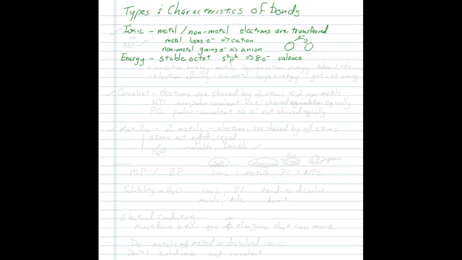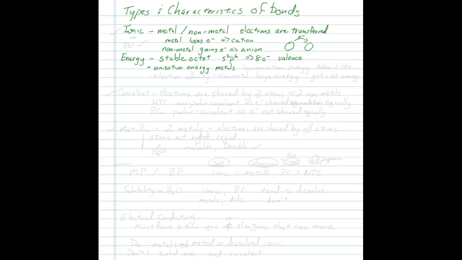The other way of explaining the energy considerations for why bonds form would be ionization energy and electron affinity. Metals tend to have electrons farther away from the nucleus.